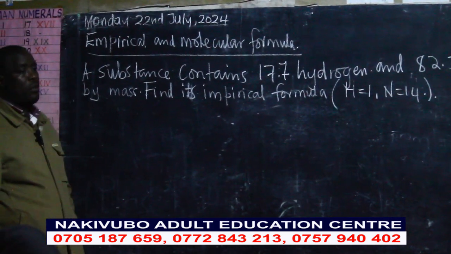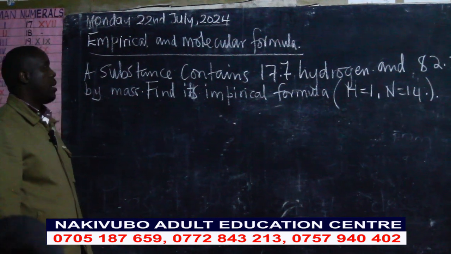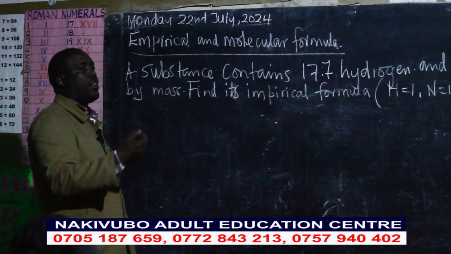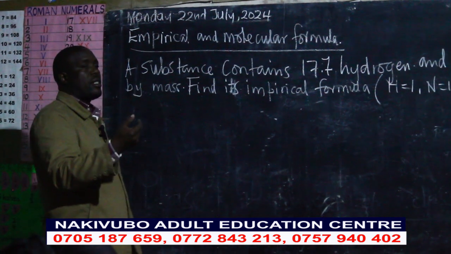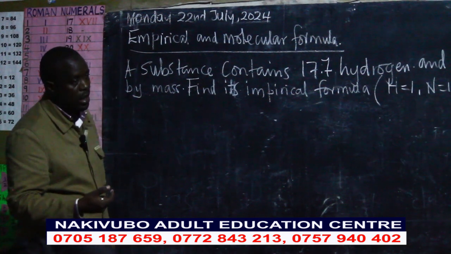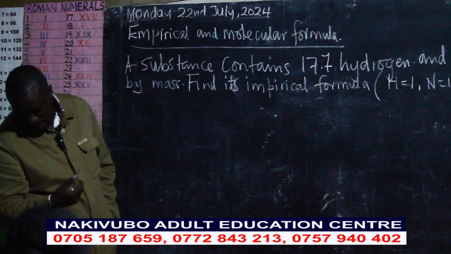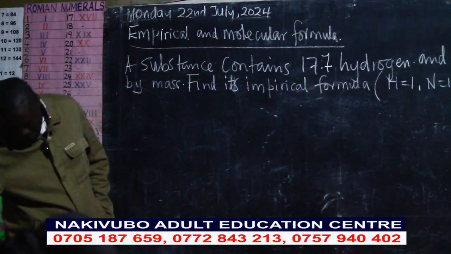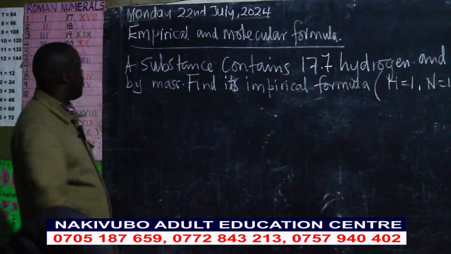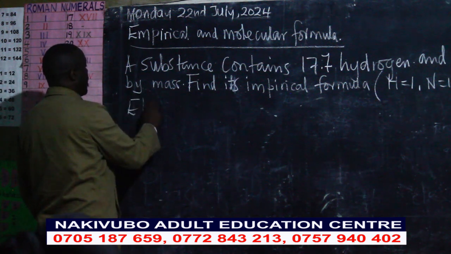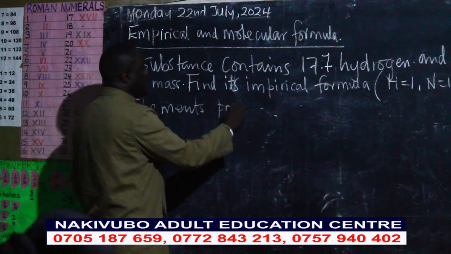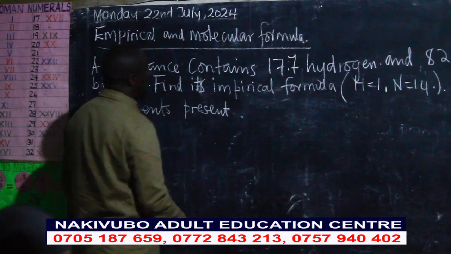So to get the empirical formula, this is what happens. We first identify the elements present in the compound. That should be the first thing which we do. Is that clear? So what elements are present in this compound?